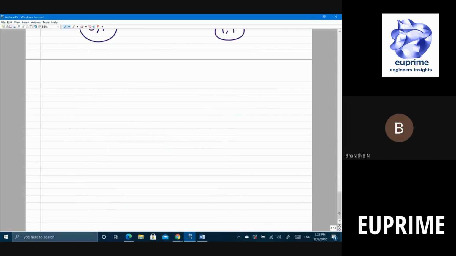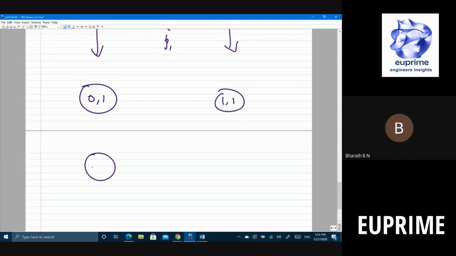Similarly there could be others with all possible combinations: 0 0, 0 1, 1 0, 1 1. These are the 4 possible Markov chains depending on what policy you want to employ.